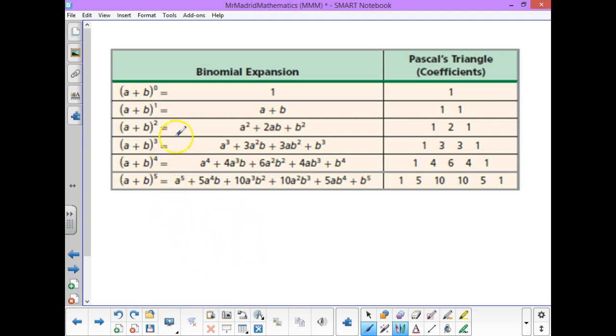Anytime you expand these binomials, they're going to have these structures, and significant to Pascal's triangle are the coefficients alone. For example, here he's got a 1, a 1. This next one is 1, 2, 1, so that's how they extracted them. This one's 1, 3, 3, 1, and that's what they've pulled out, just the coefficients.